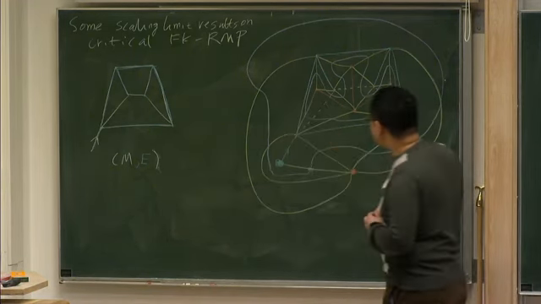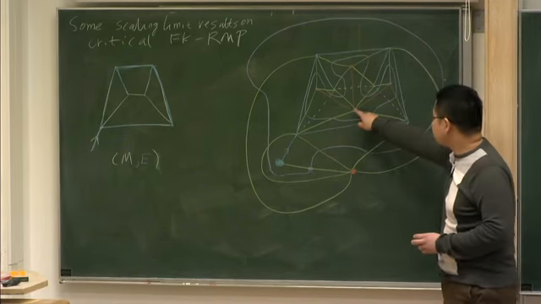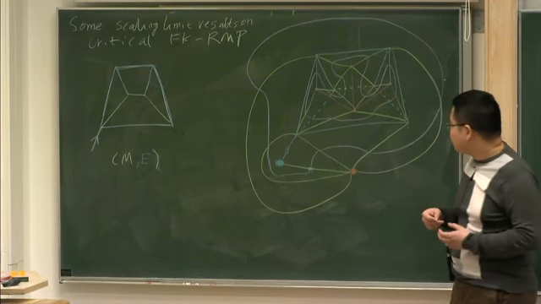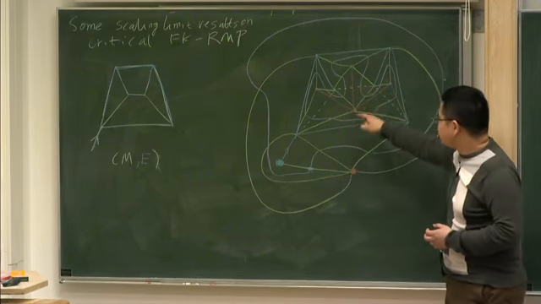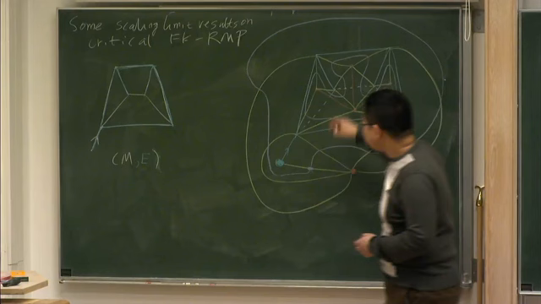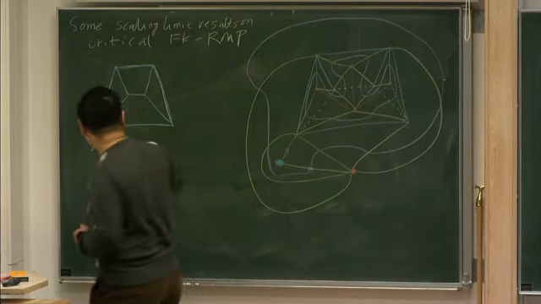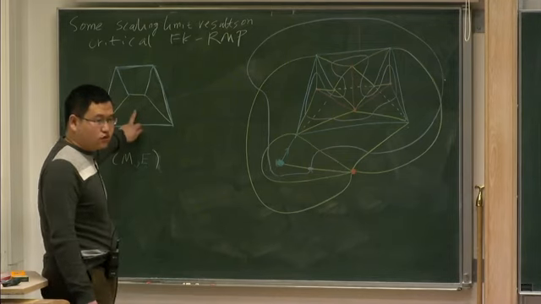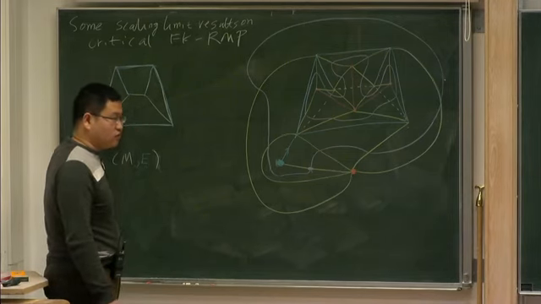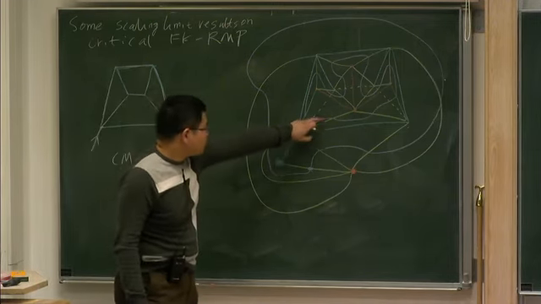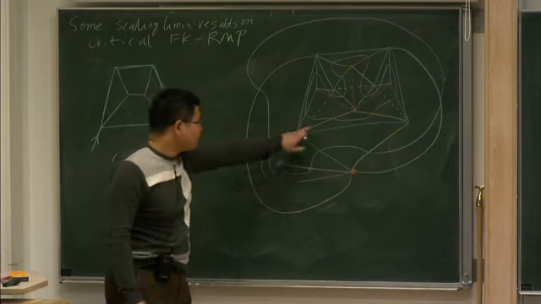What you do is you first connect all the dual edges of the closed edges, and I color this dual edge red. Then for every face, you connect its dual vertex to the vertices on the face, and in this picture, I color these edges green.